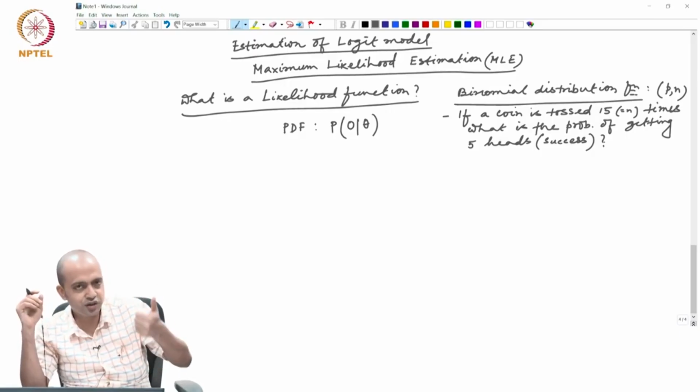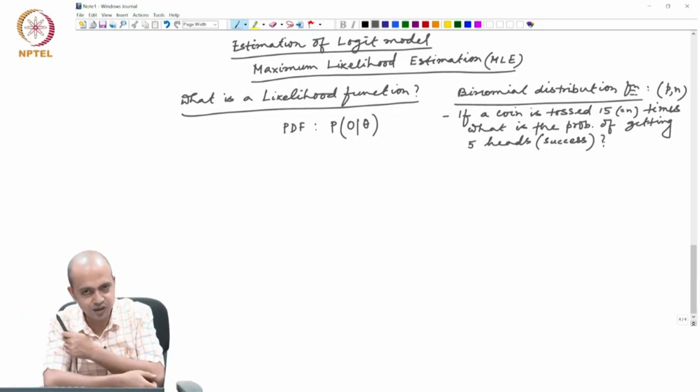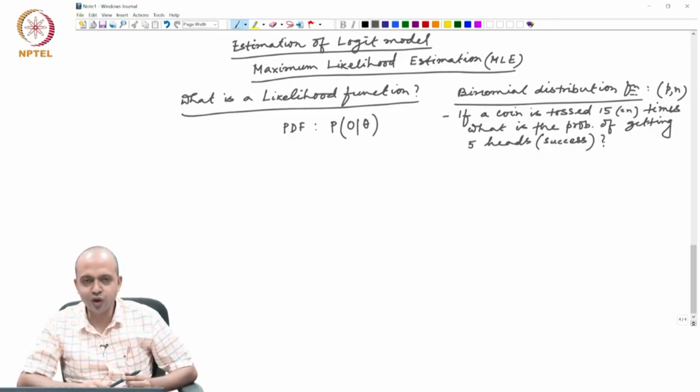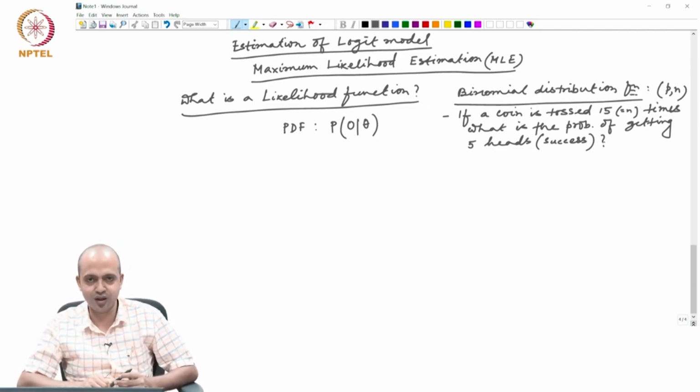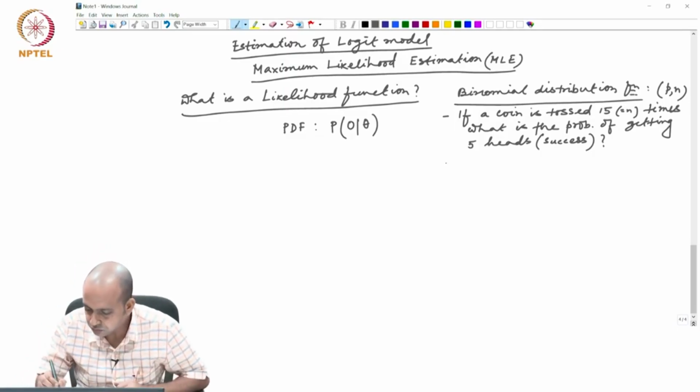So, you are tossing the coin 15 times, that means the number of trials is 15, and you can find out the probability of getting 5 successes or 5 heads in 15 trials, right. What is the reverse of this problem? Can you think of the reverse problem?